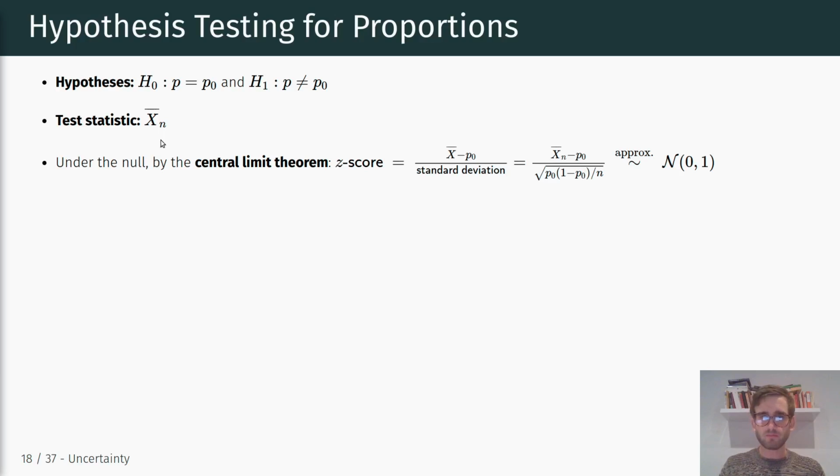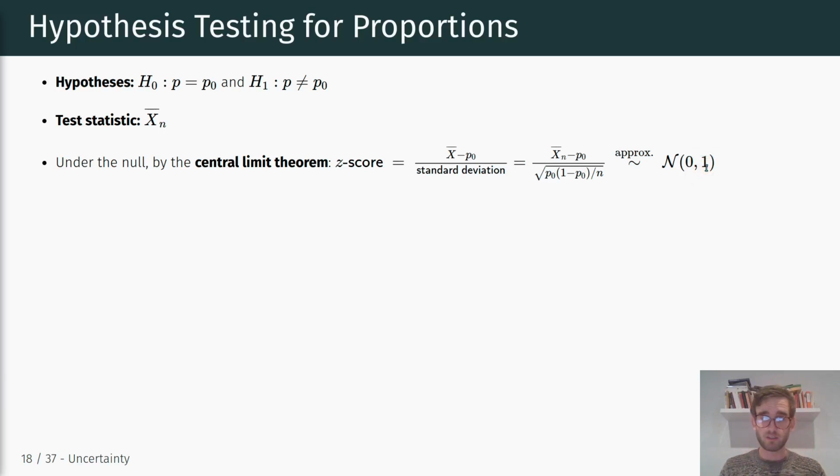So now under the null, and we talked about this in the context of computing confidence intervals for proportions in the context of polling or election polling results, we can say that, assuming that p is equal to p0, so 50% support for one candidate, for example, by the central limit theorem, the z-score, so the deviation between X̄ and the true population value p0, so that's X̄ minus p0, divided by the standard deviation of the sampling distribution, or the standard error, which is of course equal to the square root of p0 times 1 minus p0 divided by n, is distributed according to a normal distribution with mean 0 and standard deviation 1.